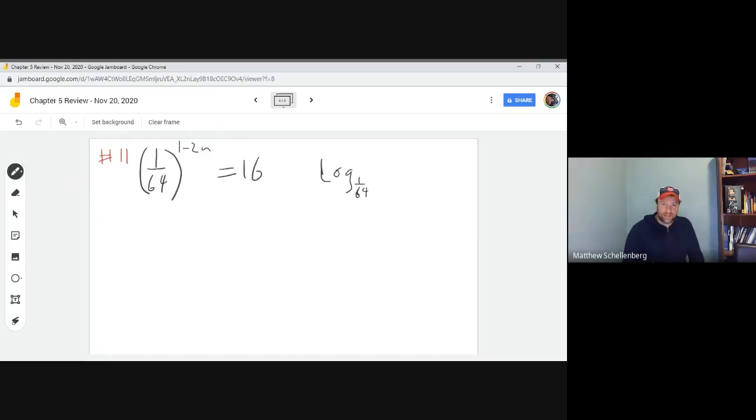We're not used to seeing those things in the denominator, but math is math. And the exponent, remember, the point of logarithms is to isolate the exponent. So the exponent actually goes over here. So 1 minus 2n goes over here to the right. And that 16 stays there on the logarithm. I just don't like how this came together. That's a little better.